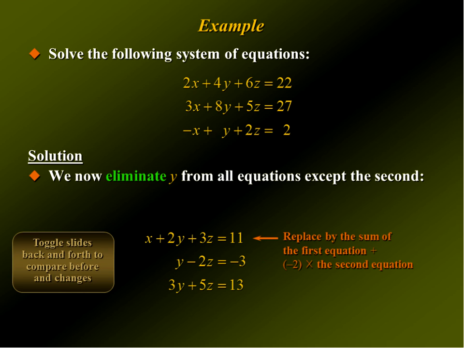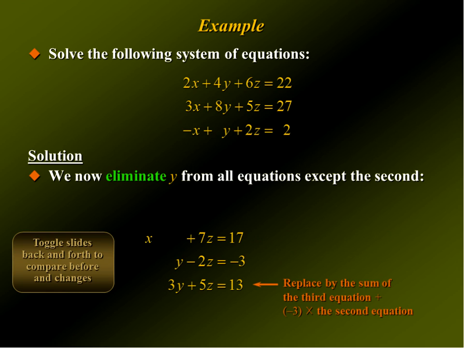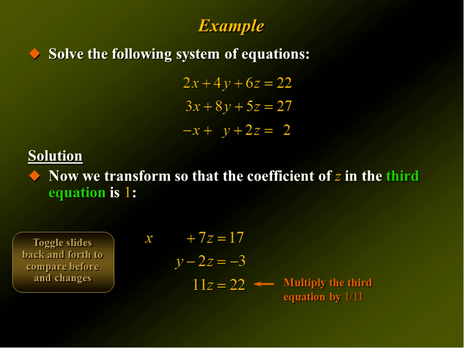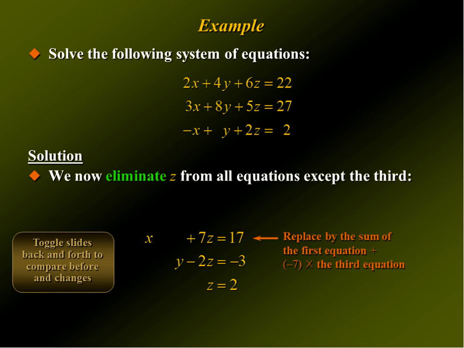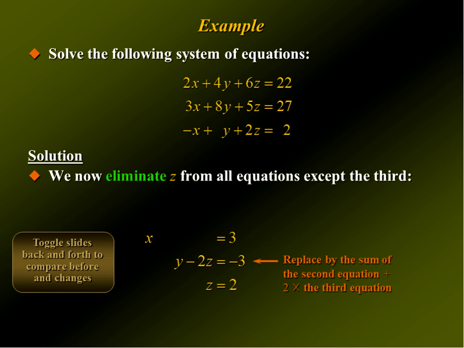Now eliminate y from the equations except the second. There are some operations I apply, and finally what I got, let us see. One by one it is removing, and finally I got this value. Don't confuse it.